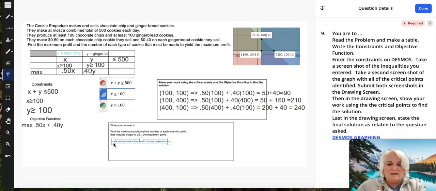Gingerbread is the y, yes. Gingerbread cookies.